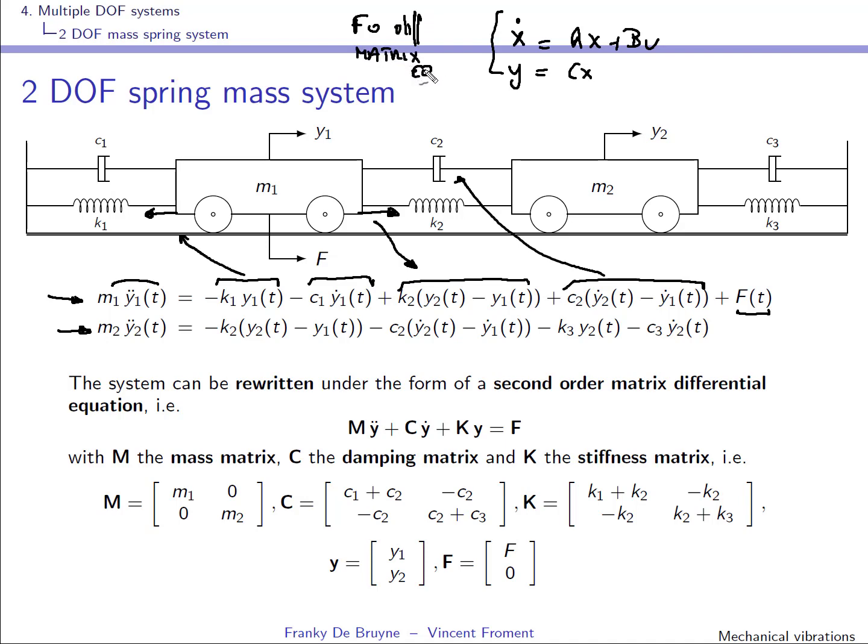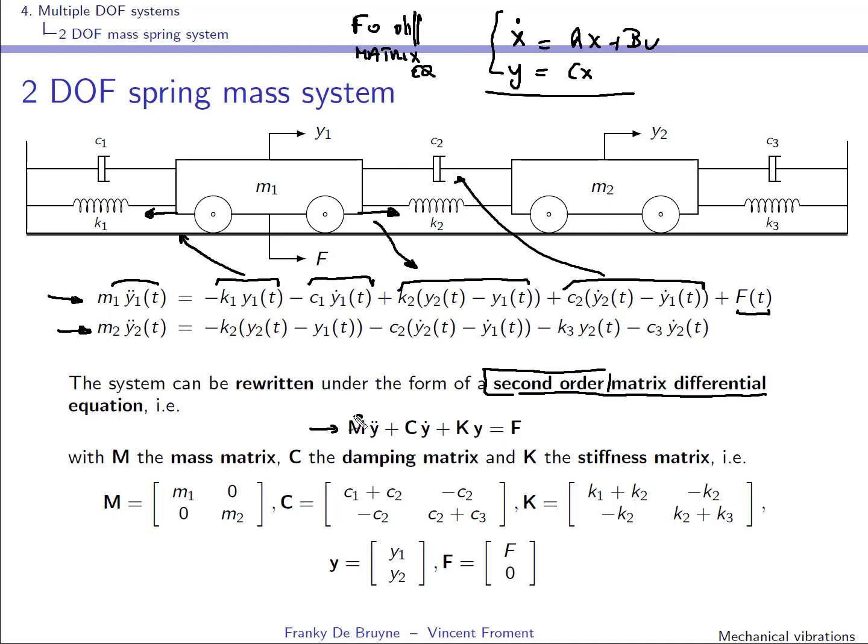Well, here we'll do something quite similar, but we'll write a second order matrix differential equation because it's more appropriate for this 2 degree of freedom spring and mass system. So we'll write it like that.